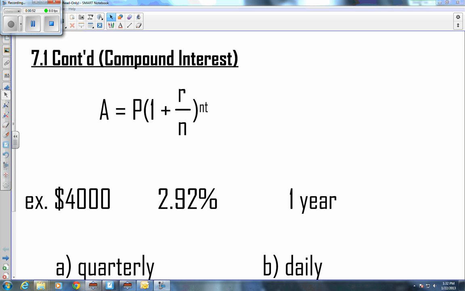Let's say I have 5% interest and it's compounded quarterly. You multiply by 4.